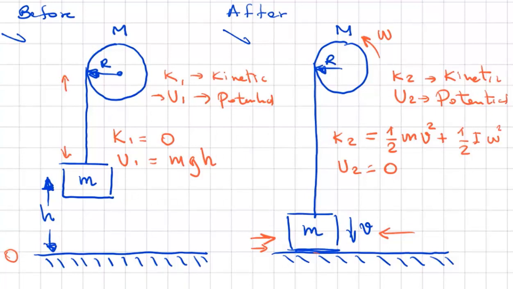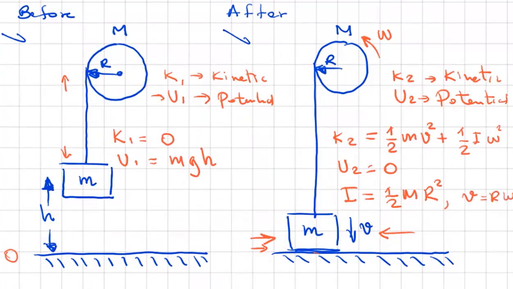We know that by definition the moment of inertia of the disk is 1/2 of the mass multiplying the radius squared, and the relationship between the angular velocity and the linear velocity is v equals r w.